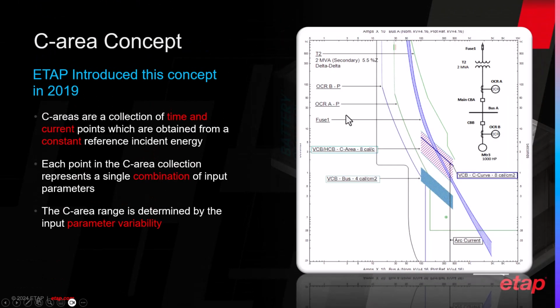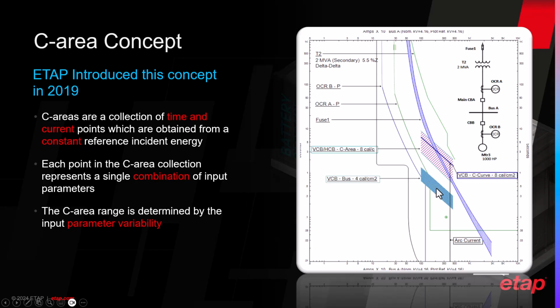Now, the concept of C-area curves was introduced by ETAP in the IEEE conference of PCIC back in 2019. This concept is the generation of a reference curve, as you see here in blue, where this reference curve is nothing more than a collection of arcing currents and arcing fault clearing times that represent a target or reference incident energy.